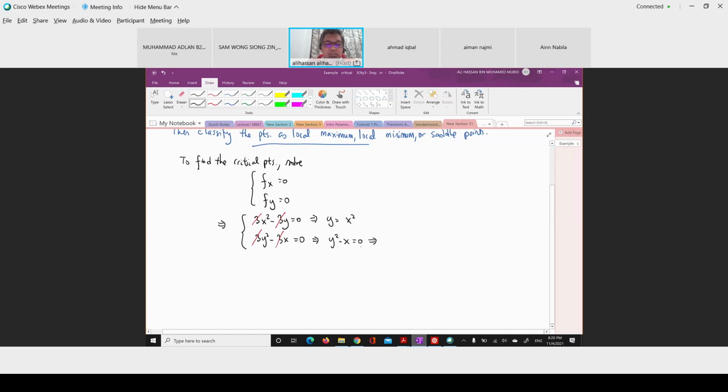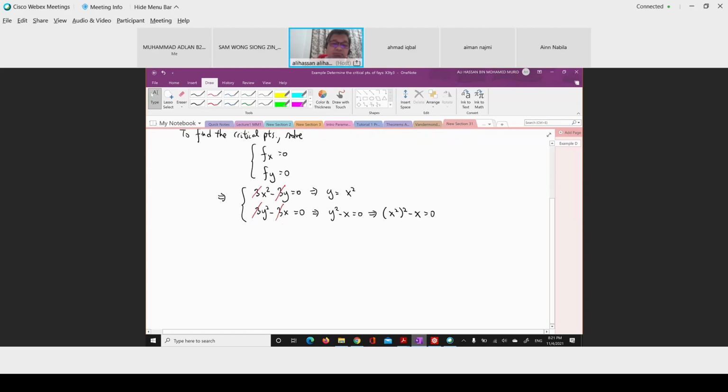The first equation says y equal to x squared. So we replace y in the second equation by x squared. Now we have one equation in one unknown. That is x to the power of 4 minus x equal to 0.